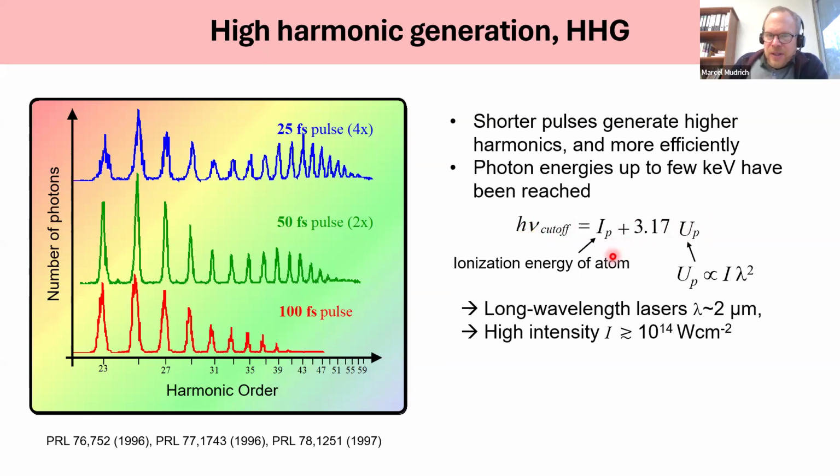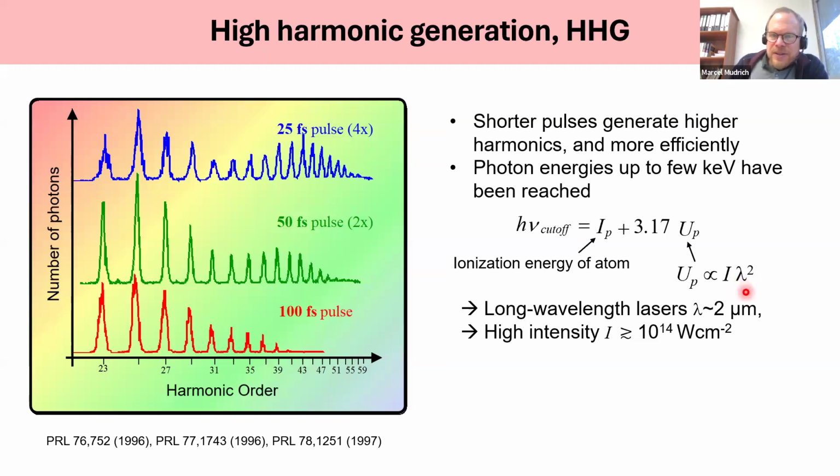The ionization energy is given by the choice of the atom, but here we have a way of controlling the highest cutoff energy by either cranking up the intensity or even more efficiently by increasing the wavelength.